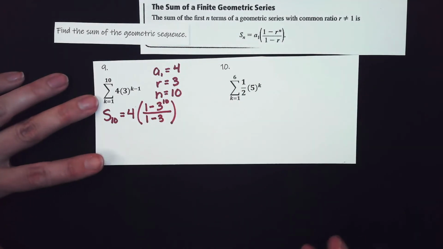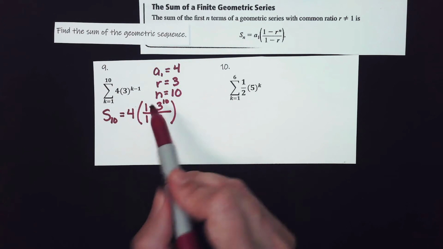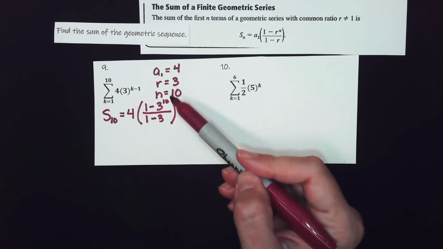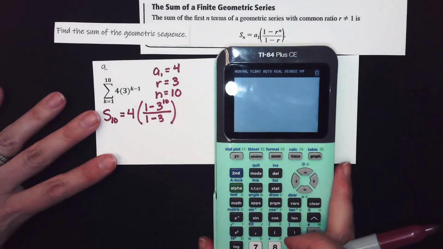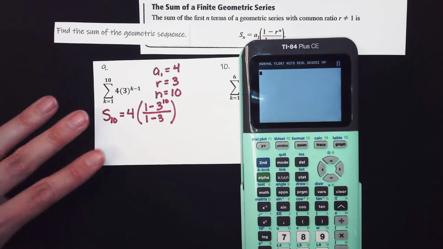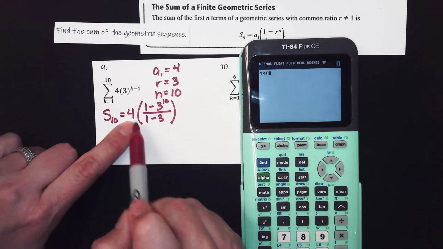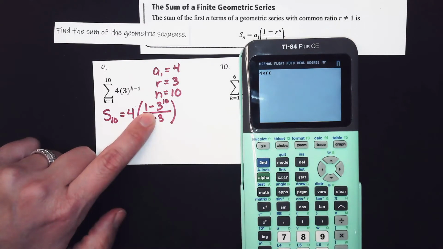All right, now if you put this in your calculator and just do it all at once, that's fine. Otherwise you might want to just do what's in the numerator, what's in the denominator, do the division, and multiply by 4. The problem when you put it in the calculator is you have to have parentheses in the right spot. So we'd have 4 times, and I'd start a parentheses for the big one, but because I have multiple things in the numerator, I have to have another parentheses, 1 minus 3 to the 10th power.